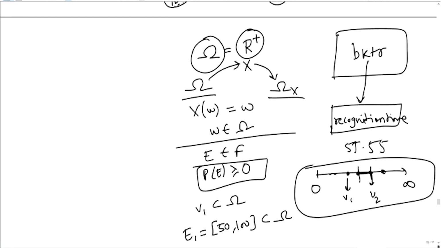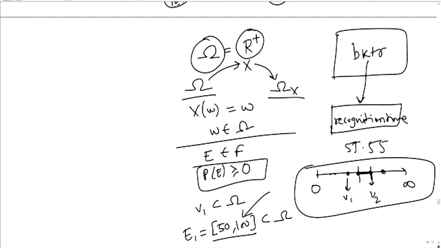What does this indicate? This interval between 50 and 100 is an event such that the recognition time would occur anywhere between 50 and 100. So a probability assigner function should be able to assign some probability to this event: what is the probability of obtaining a reaction time between 50 and 100, given a particular probability assigner function.